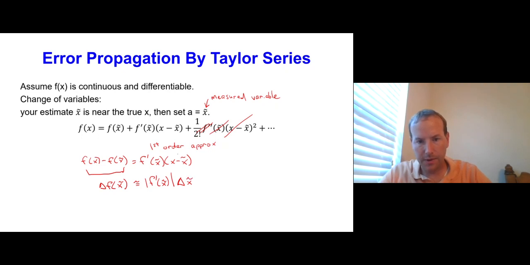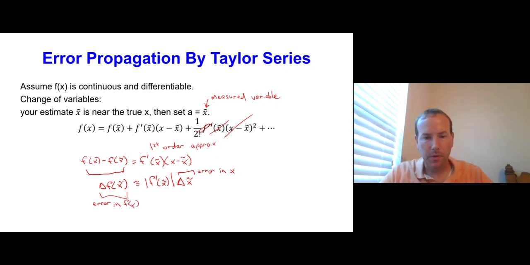This represents the difference of our measured value from the actual true value. So this right here is the error in x, and what we're predicting here is the error in f of x.